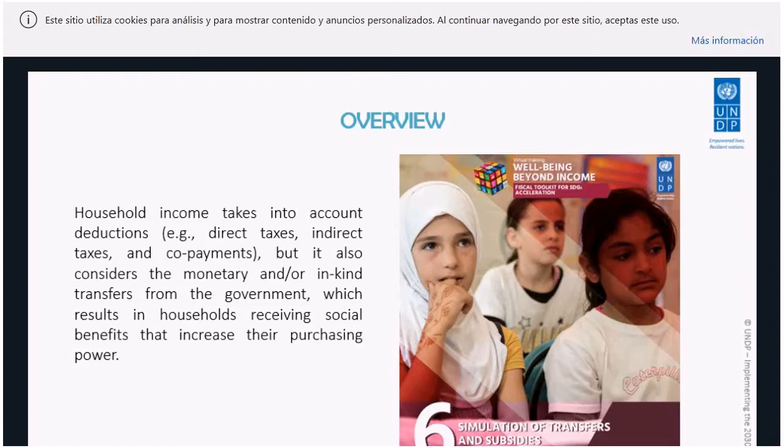Somehow it's a way to measure the extent of the impact that social policies can have on the well-being of households. And that is why we included the final income concept into the scheme of income concepts that you studied in your unit 2.